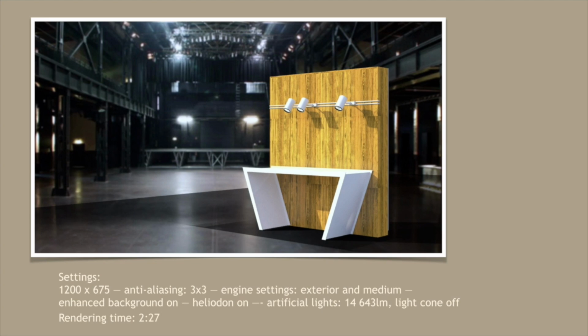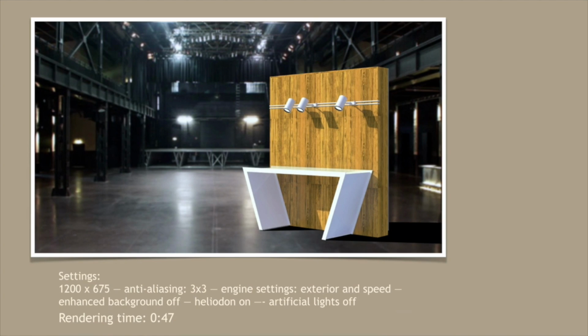So the first thing I did, I deactivated the light cones, and already the rendering time dropped down to 2 minutes 27 seconds. It's huge. It's a very big difference. And then I did some other optimizations, let's say.